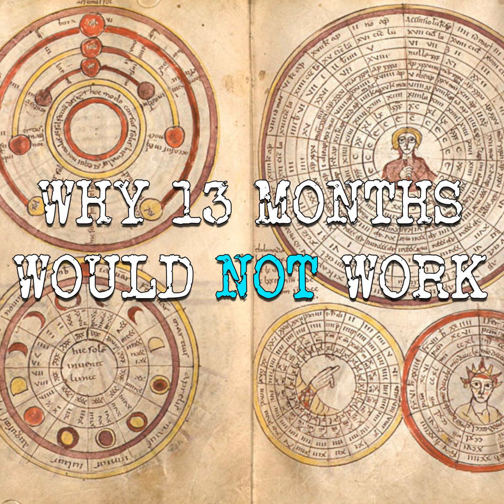Why does a lunar calendar have 13 months? If a calendar were based solely on lunar months, there would be 13 lunar months in a solar year, because 365.25 days divided by 29.53 days equals approximately 12.37.